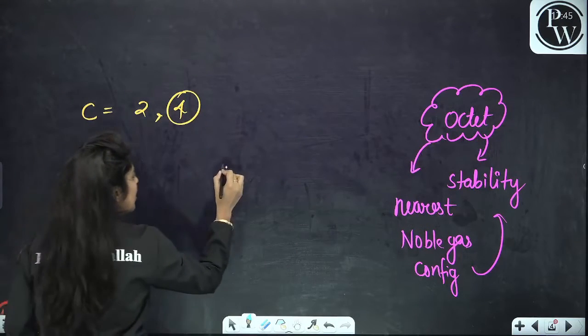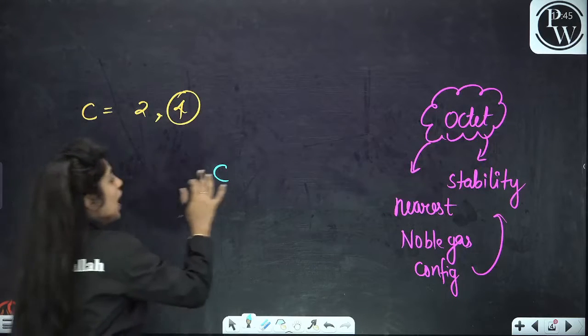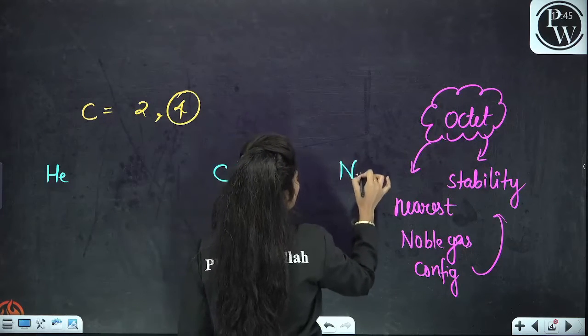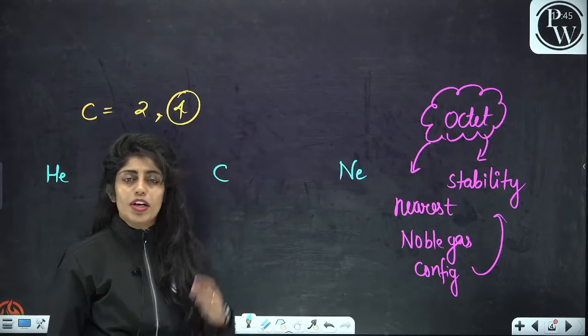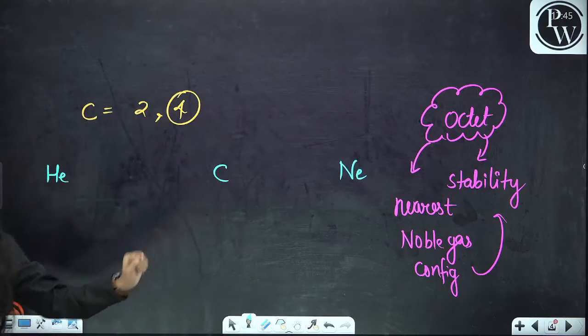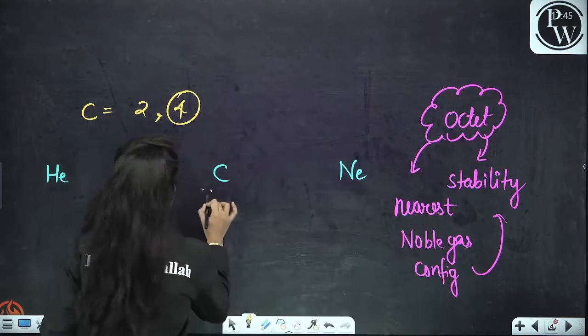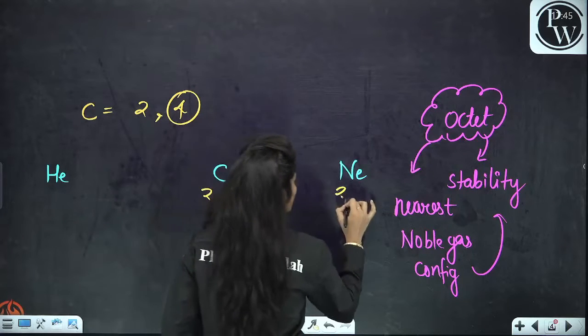So, I can place carbon here. The nearest noble gases can be helium, and on the other hand, neon. Yes or no? 2 is helium and 10 is neon. Carbon has atomic number equal to 6. So I can write it like this: suppose 2, 4, it is 2, 8.